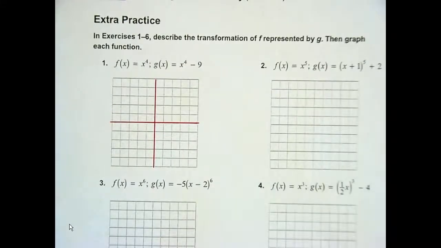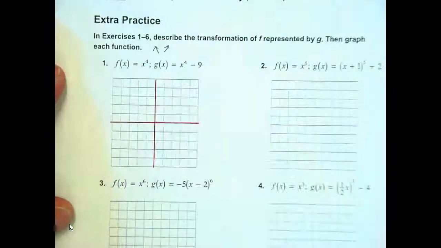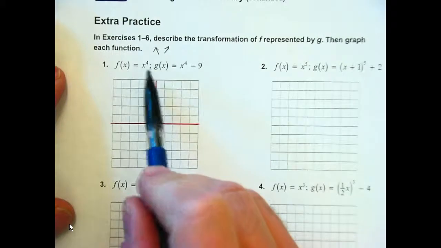Okay, I want to do number 1 with you. Maybe talk real quick a little about number 2, and then off you go. Okay? So number 1 is x to the 4th. X to the 4th, tell your neighbor what the end behavior is. Good. End behavior is up, up. It's going to start up here and end up here. It has a 4th degree.